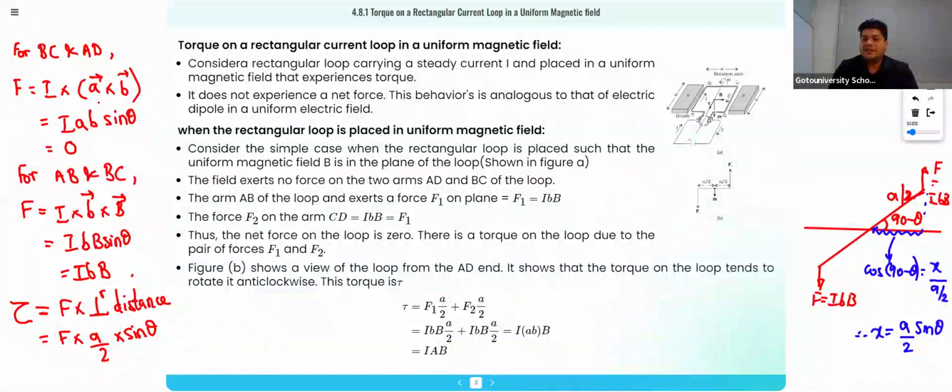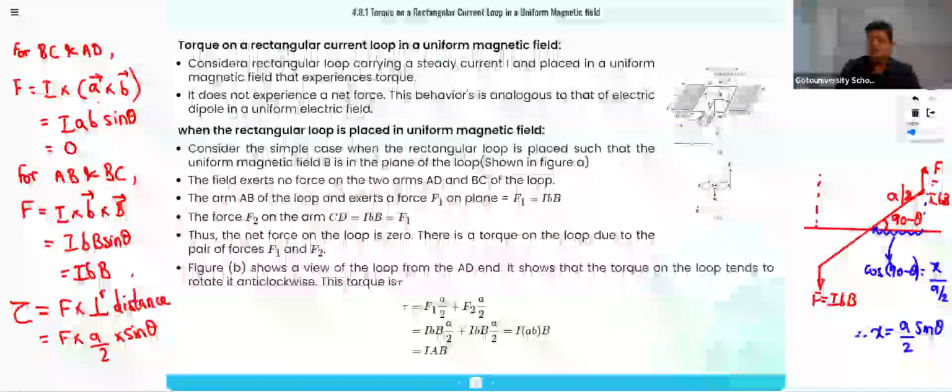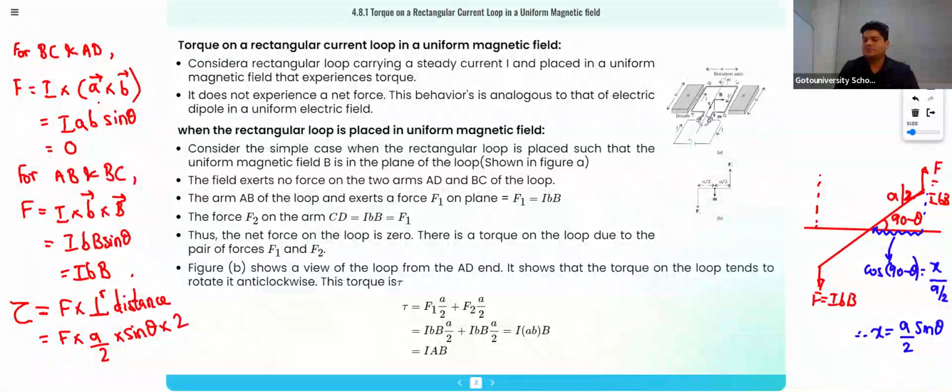And see, in this case, there will be two perpendiculars, from here till here. Here also the same factor will be there. So I will just multiply it by 2. So this 2 and 2 will get cancelled, and we know the value of force. What is the value of force? IBB. So IBB into A into sine theta.